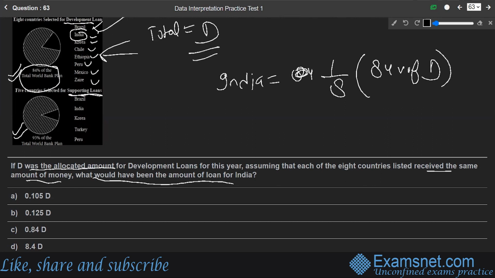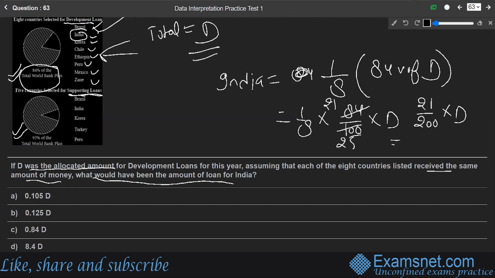That's what we are supposed to calculate. So it clearly becomes 1/8 of 84 by 100 of D. If we solve this, we can cut down a few numbers. So 4 can cut this, 21, and then this is 25. So 21 by 200 into D, which is nothing but 0.105 D precisely. So that should be the right answer.